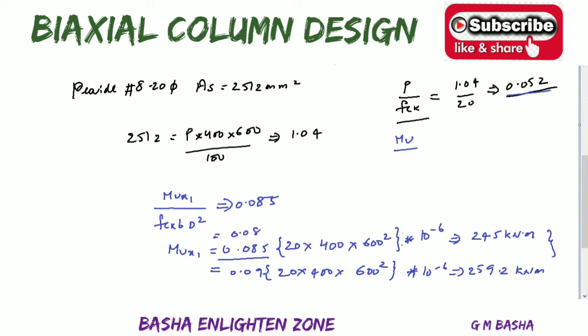So it is better to choose the higher value, which is on the safe side. If the moment is higher, the area of steel provided is also higher, so reinforcement designed for a higher moment will resist the smaller moments. So 0.09 is okay, 0.085 is okay, 0.08 is okay. I am choosing 0.085 here, which is 245 kilonewton meter.